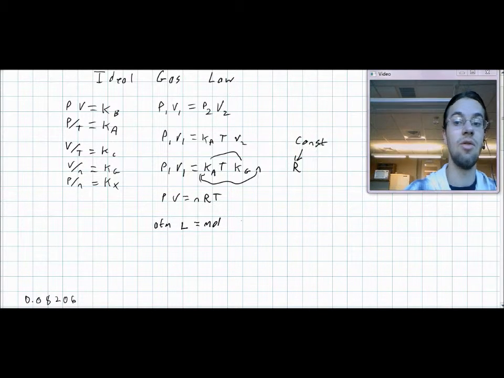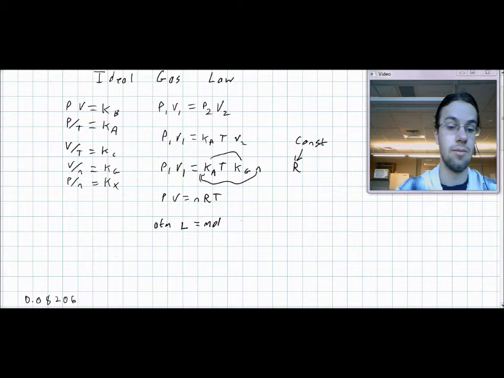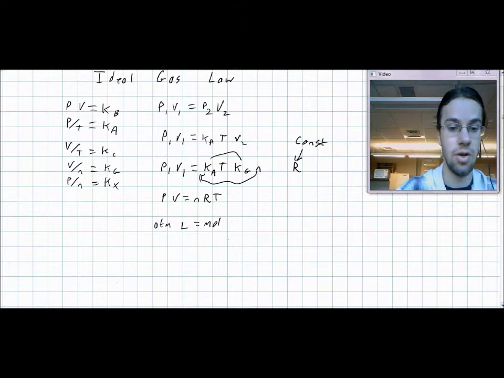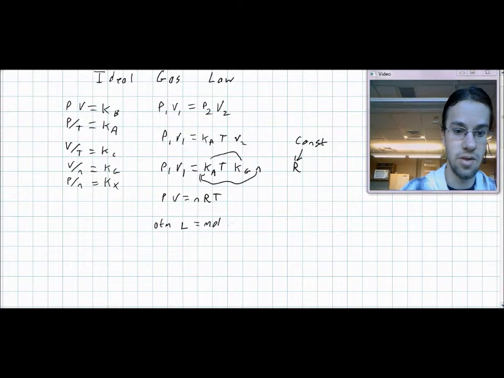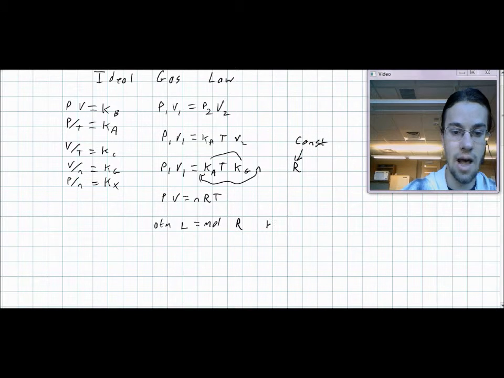You could put it in the unit of atoms, but for simplistic reasons we're going to put it into a unit of moles. Then we have our R constant, and then we have temperature in Kelvin.